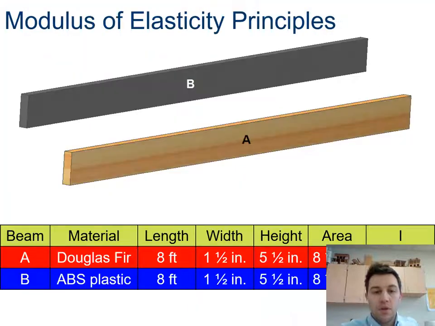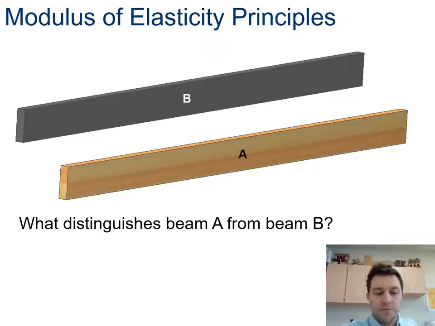So if we compare shapes here, we have the exact same size beam. It's again a 2x6, 8 feet long, same areas, same moment of inertia because it's all the same shape, but now they are different materials. One is ABS plastic and one is still Douglas fir.